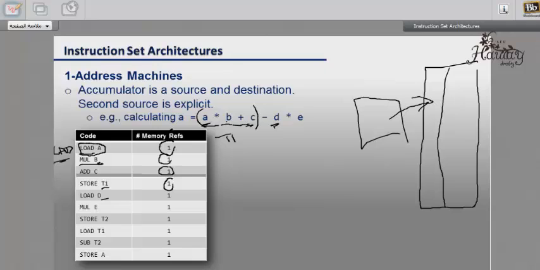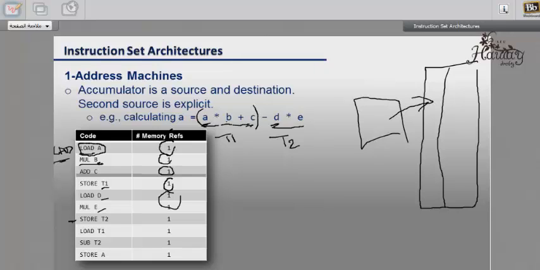Then after that, we load D, as we did before. Then we multiply by E, we access memory once. Then we have a new value here, let's call it T2, and we store it. So we have 2 values stored.